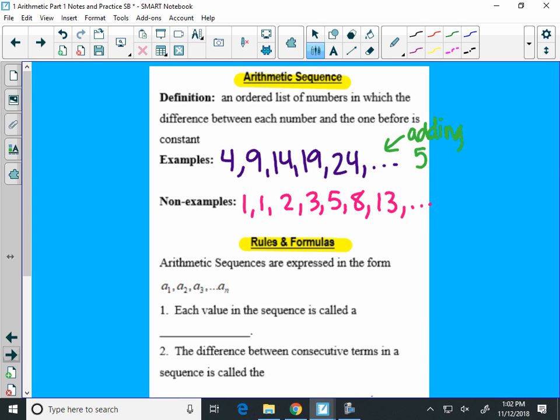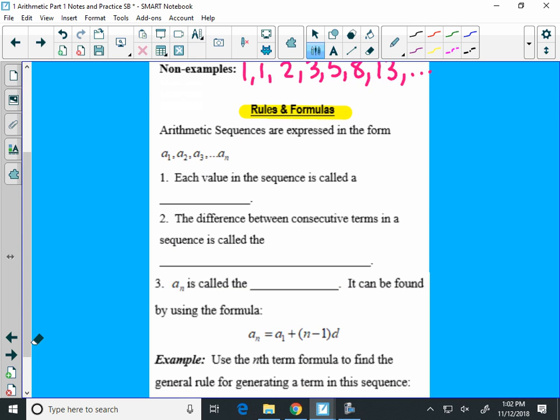Now, we already have a formula here, and you do not ever have to memorize these formulas. You just need to know how they work and what the parts do. So I have a sequence, again A sub 1, A sub 2, A sub 3. That just represents the numbers. Each number in the sequence is called a term.